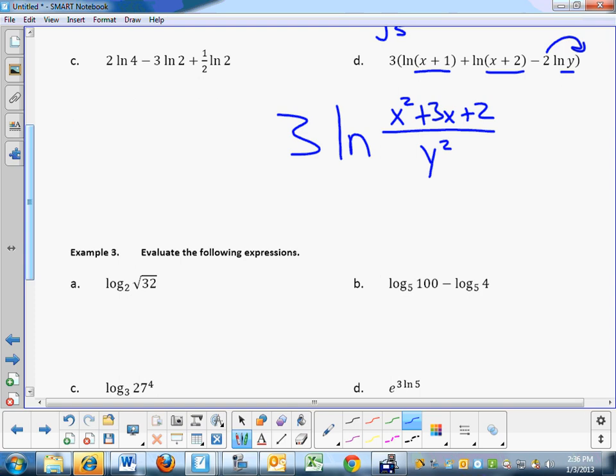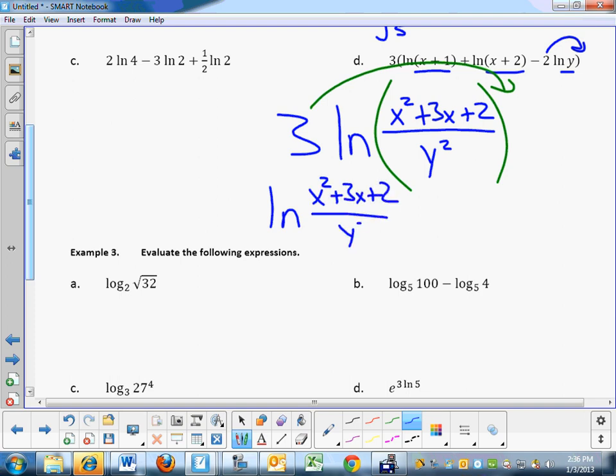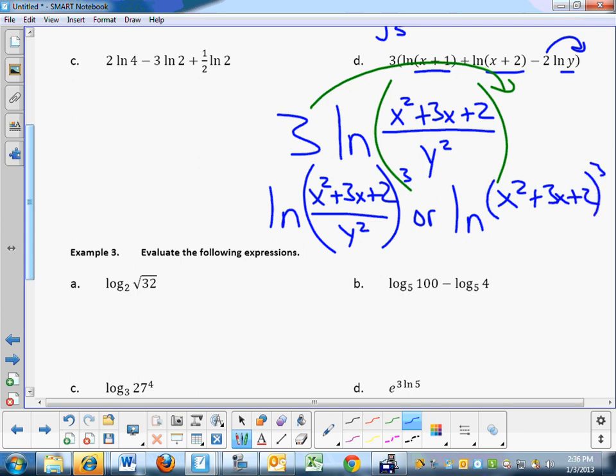Right. Now what should I do with that 3? Yeah, 3 comes up here in front of everything. So you can write it as, you've got 2 options. Natural log of x squared plus 3x plus 2 over y squared all to the 3rd power. Or you could write it as the natural log of x squared plus 3x plus 2 to the 3rd power over y to the 6th.